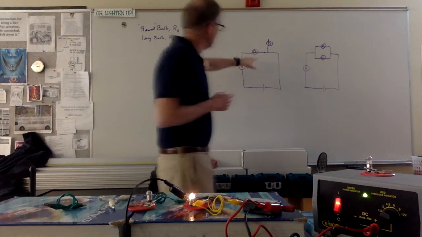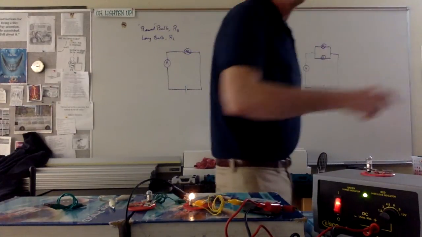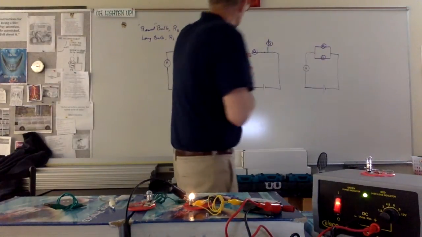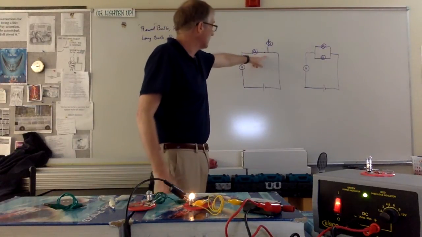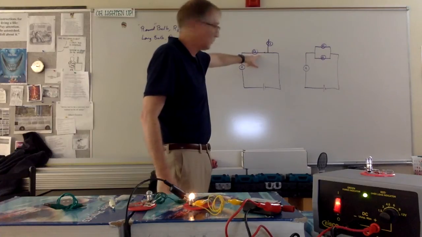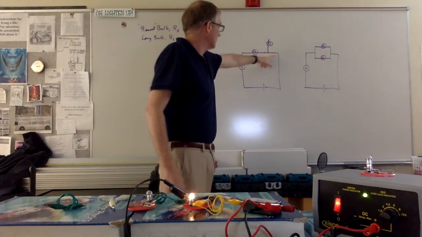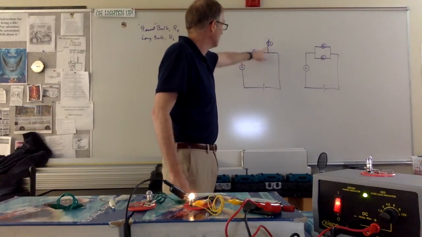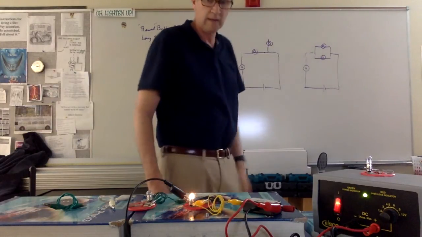Let's just say, I'm just going to make up a number for a second, that this is at about 1.5 volts. This is at roughly 0 volts right here on either side. So there's a 1.5 volt difference. Well, this is at 0. That's at 0. So it means this is at 0. They're at the exact same 0 potential. So there's no potential difference. And so that bulb's not going to light up.